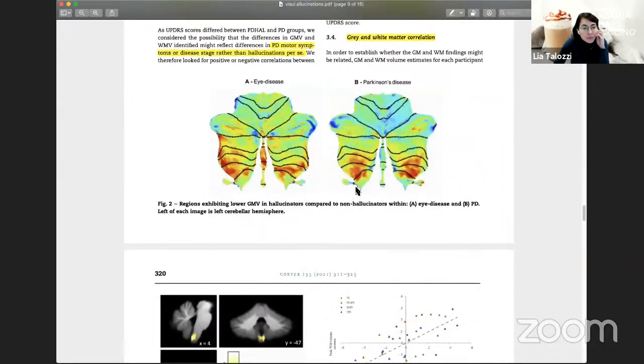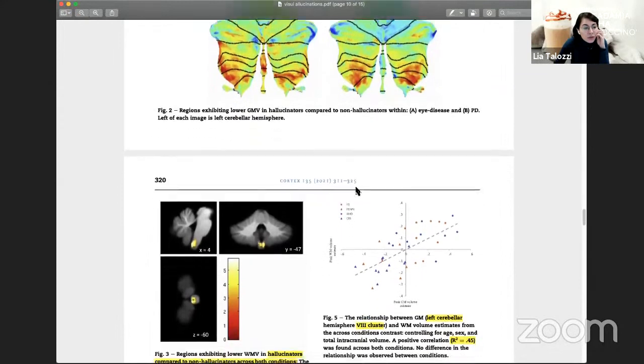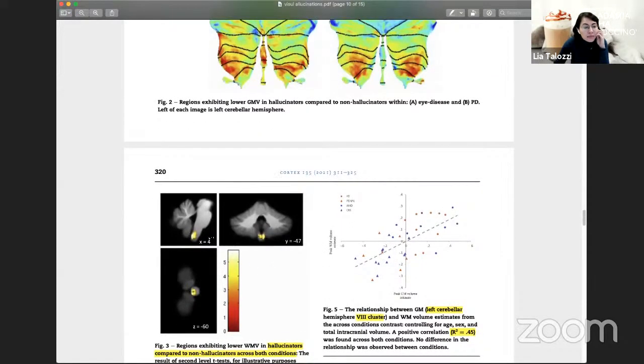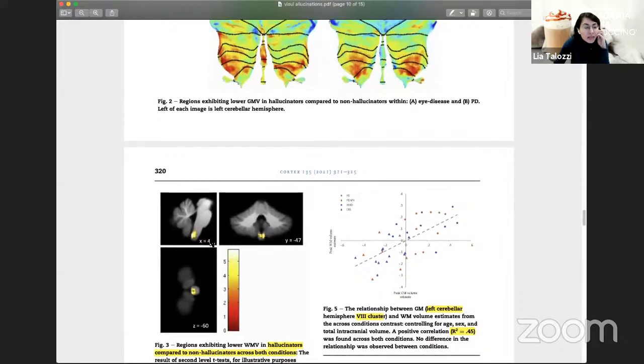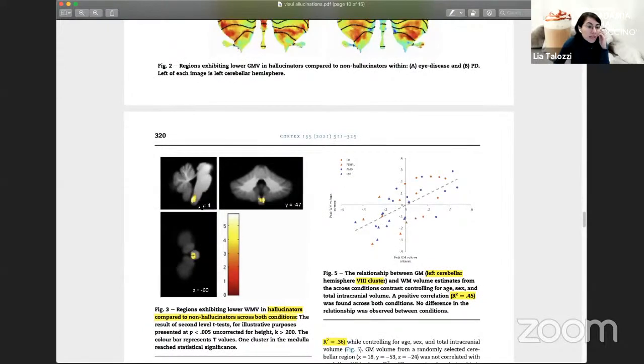And then if you look at the analysis focusing on the white matter, they found a significant difference, so a loss of white matter in the medulla. And again, this was driven by the Parkinson's disease group.